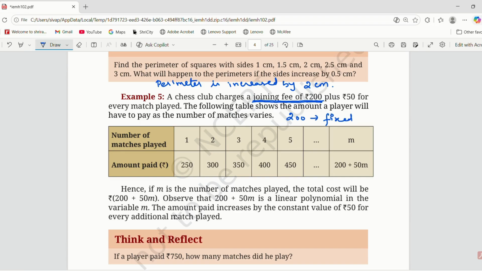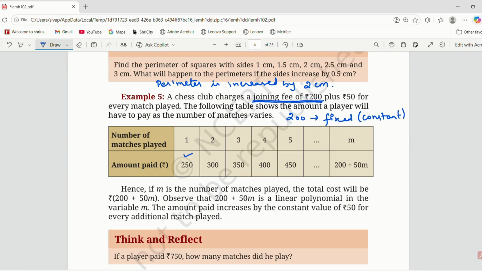In our definition of an algebraic expression, the value or the term which is always fixed is termed as a constant, right? So here we can say that this is a constant which is never going to change. So this 200 is going to be a constant value. Now for each match they play, they have to pay rupees 50. So for one match they are paying 50 rupees plus the joining fee of 200, so they are paying 250 rupees. If they play two matches, for two matches it is 2 into 50, 100 rupees.